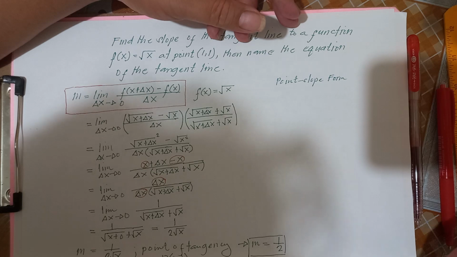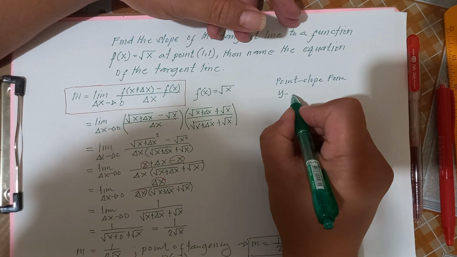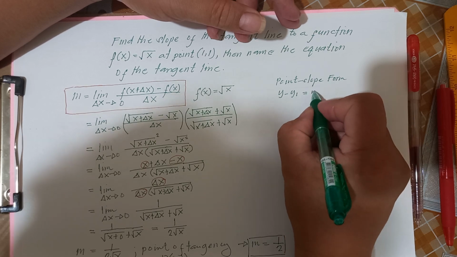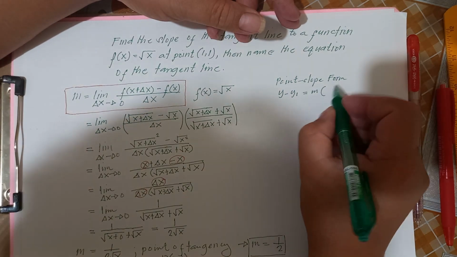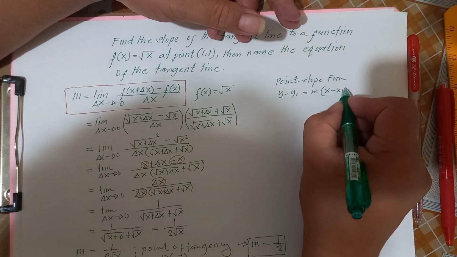The point slope form is actually y minus y1 equals the slope multiplied by the quantity x minus x1.